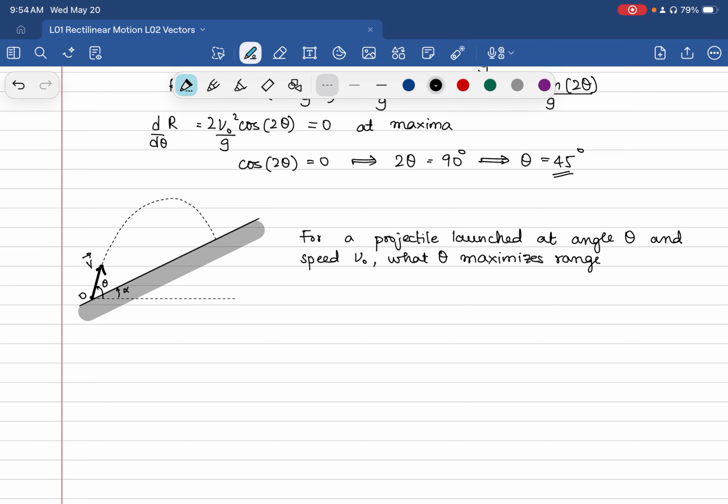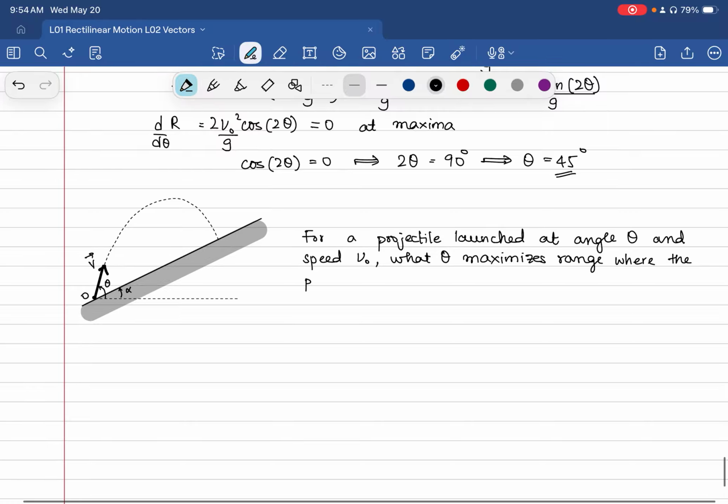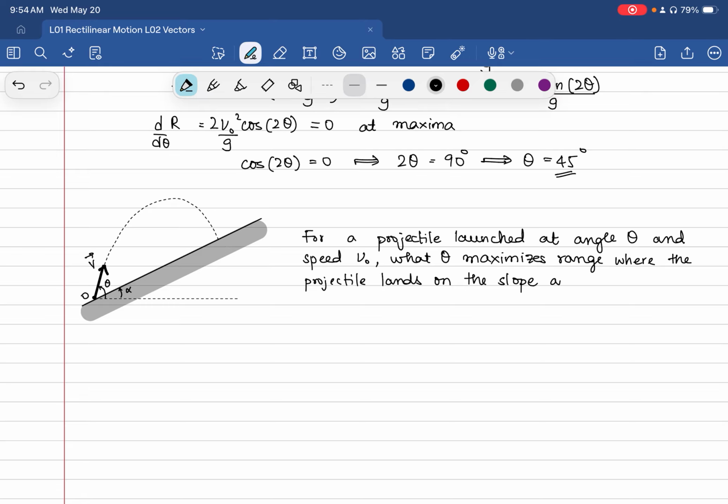Define what theta maximizes range, where alpha is the slope. That's just completing the question. So try this again. Take a moment to pause the video.